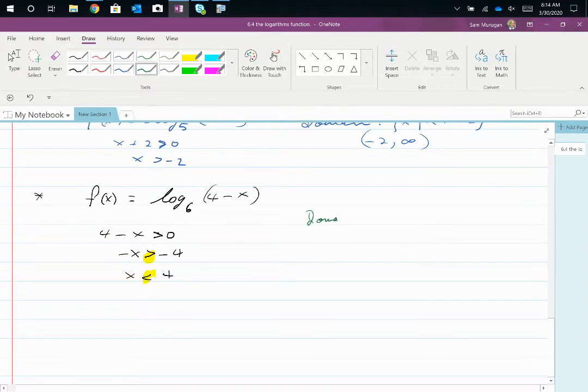So the domain, all x such that x is less than 4. So any number that is less than 4, when we substitute it into the function that we're given, is going to result in a positive number. So this is from -infinity to 4.